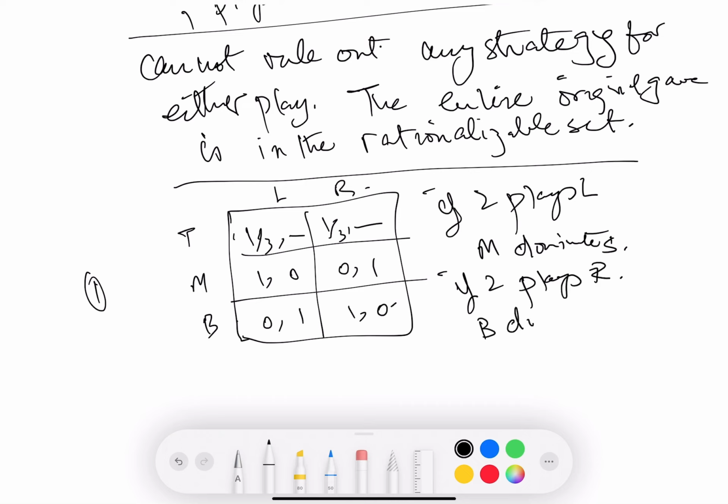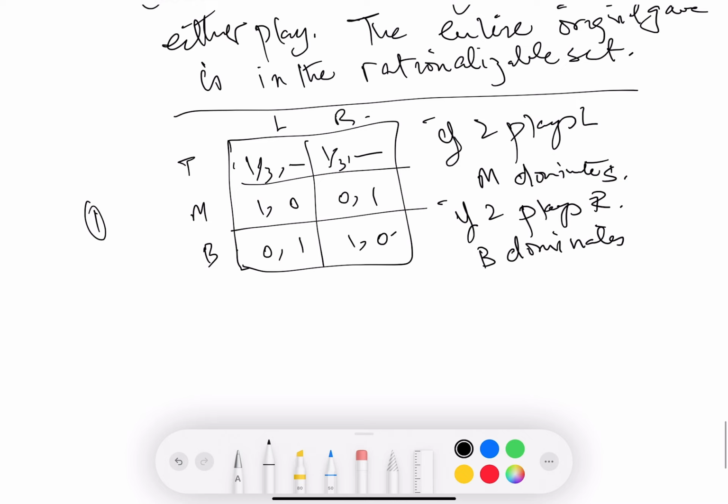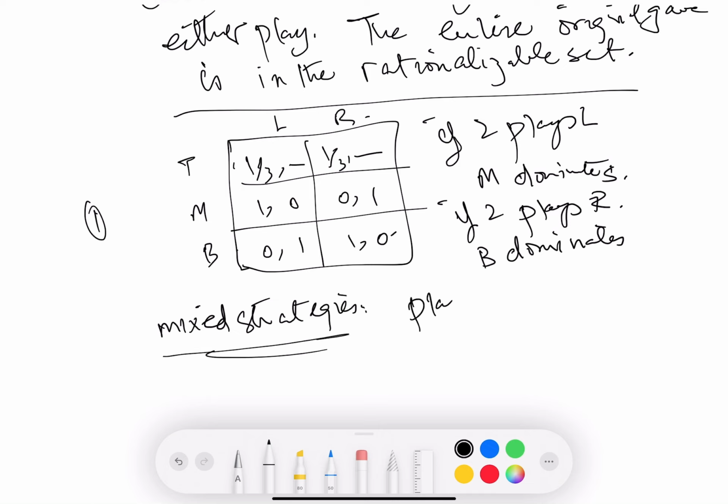From player one's point of view. 1 is greater than 0, 1 is greater than 1/3. So it doesn't look like I can eliminate any strategy. Yeah? However, we will talk a full lecture on this, maybe 2, on what are called mixed strategies. And this is like your first introduction to that. A mixed strategy is playing a combination of strategies.